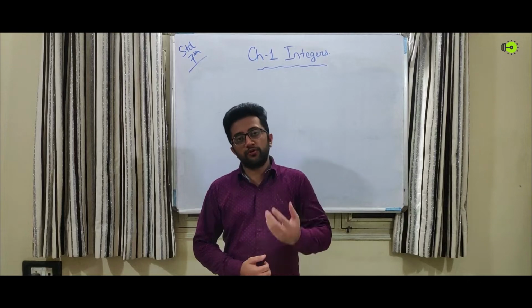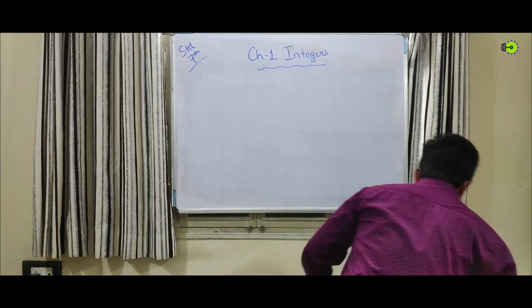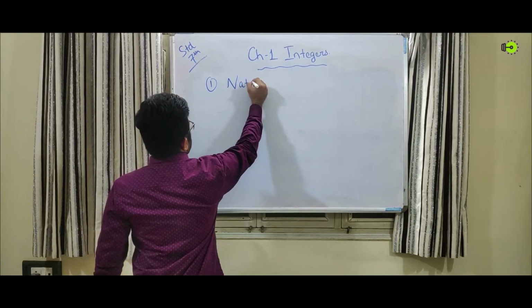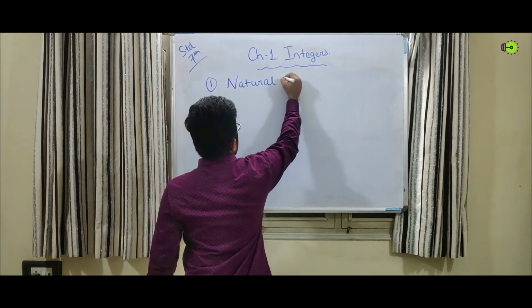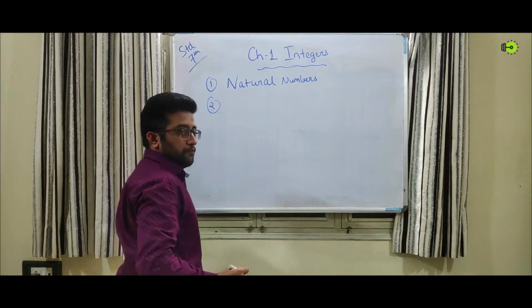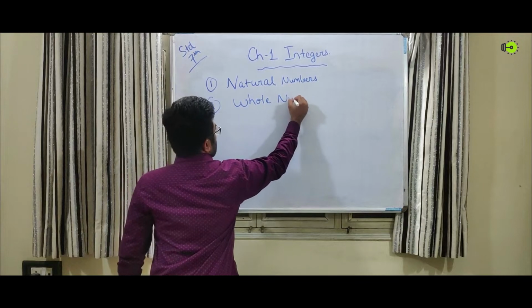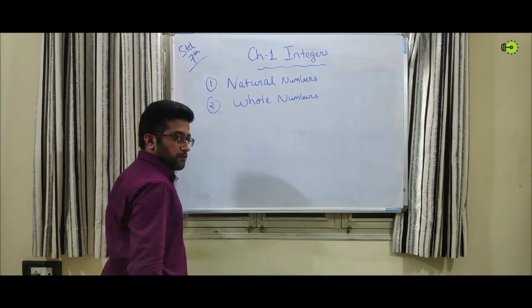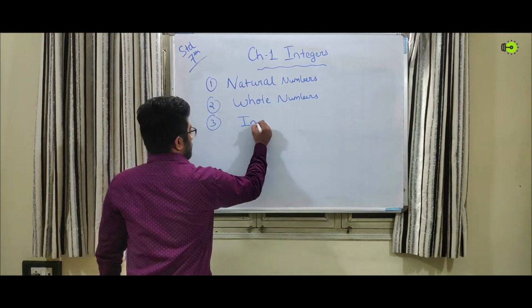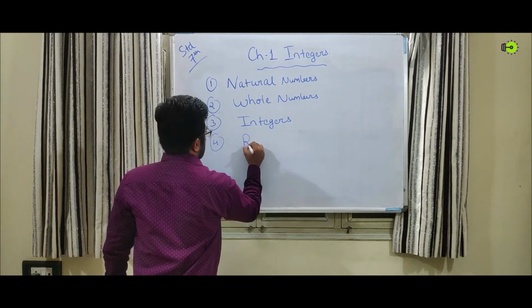The types of number you need to study in order to grasp the concept of integers are: first, natural numbers; second, whole numbers; third, integers, which is our topic of interest right now; and fourth, real numbers.